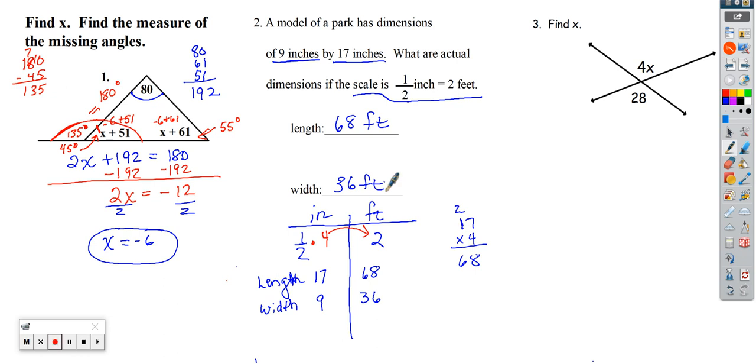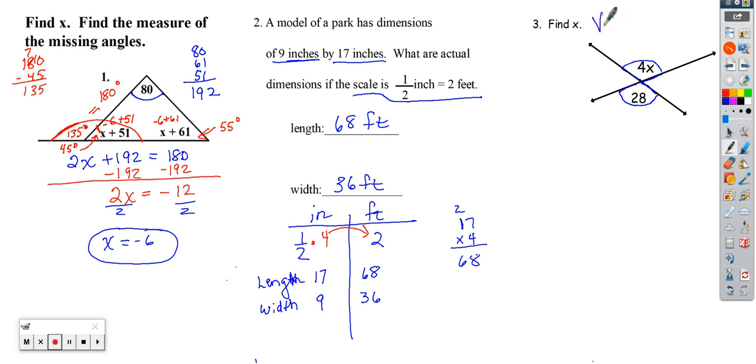Last problem. We want to find x. I have x right here, and I see that I know what the angle measure is here. It's 28. If I look at these two angles, they create that V. These two V's, or it looks like 2 pieces of pie.